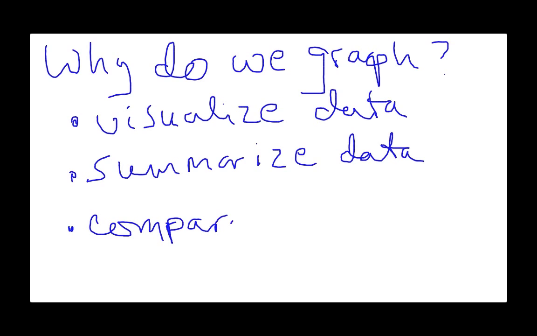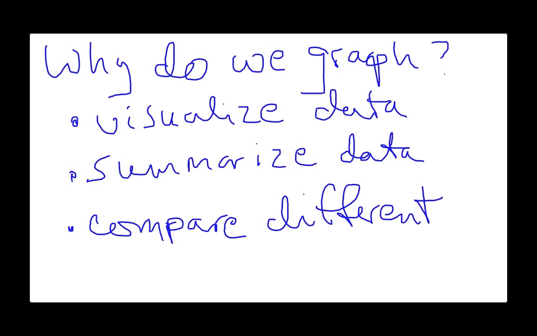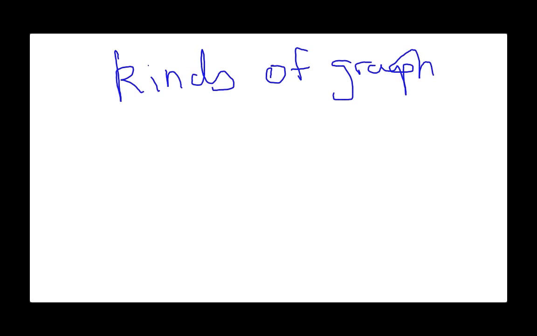And this is going to let us compare different kinds of graphs or different data or different samples, different populations, maybe different treatments in our experiment, or see how a population responds to change over time or some other changing factor.